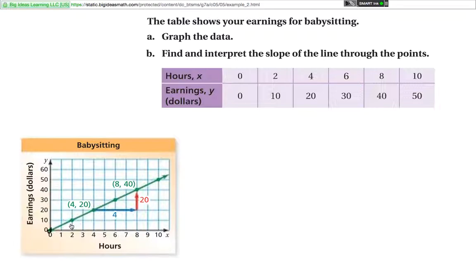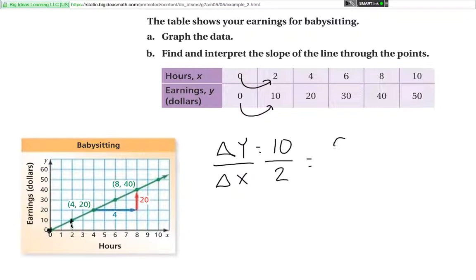Well, the change in the y, the vertical, goes from 0 to 10, so it's positive 10. The change in the x, the horizontal change, goes up 2, so it's a total of 2. So 10 over 2 actually means 5 over 1.